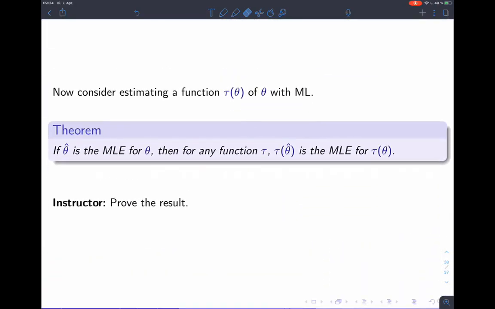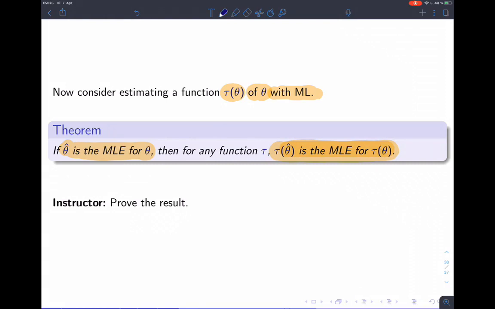Okay, the last result we're going to learn about maximum likelihood estimators is that if we're interested in estimating some function, say tau theta, of a parameter theta, using the maximum likelihood approach, this theorem says all we need to do is find the maximum likelihood estimator for theta and apply that same function tau to theta hat, and we get the maximum likelihood estimator for tau of theta.